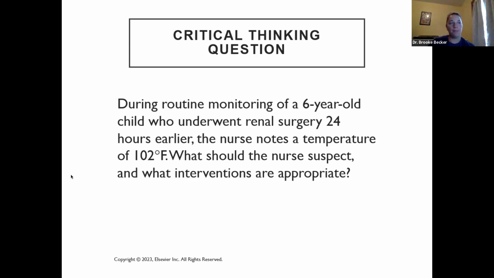Okay. During your routine monitoring, a 6-year-old who underwent renal surgery 24 hours earlier has a fever of 102. So what would you suspect and what interventions would be appropriate? What's going on with this kiddo? I would say infection. Obstruction.